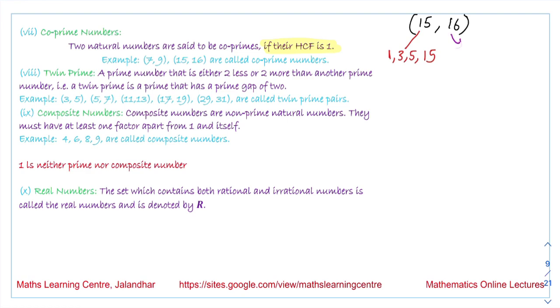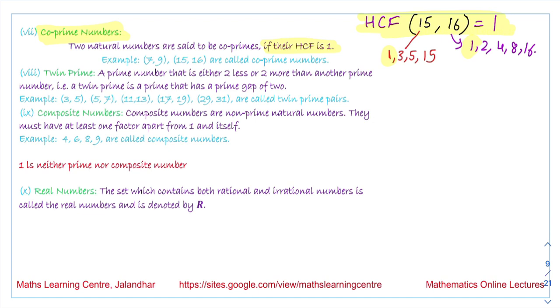The factors of 16 are 1, 2, 4, 8, 16, so 16 is not a prime number. But the HCF of 15 and 16 is 1. It means the common factor of these two numbers is 1. Then 15 and 16 are said to be co-prime numbers.